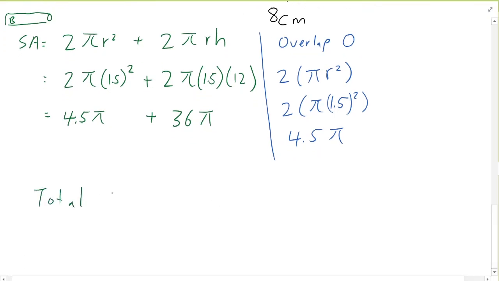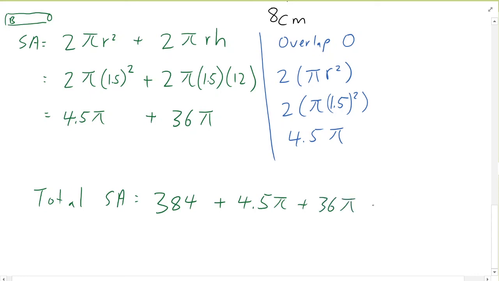All right, let's go ahead and do our total surface area now. Our total surface area is the surface area of each of our objects if they were completely by themselves. Add those up and then subtract the overlap. So object A had a surface area of 384. We need to add the surface area of our cylinder, which was 4.5 pi and 36 pi.